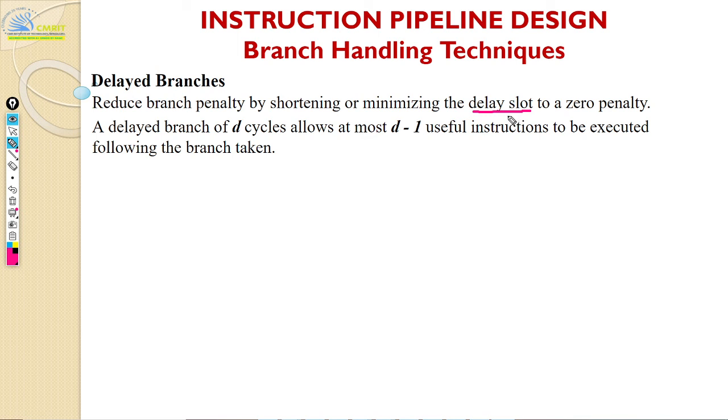Let us say you fill up the pipeline for 3 or 4 slots, and it turns out that you are taking the branch, then all these 4 slots should be flushed, correct? That is your delay slot. Now when you make this delay slot 0, it means you have reduced the branch penalty. You have to flush 0 instructions, which means you're not flushing anything. That's what is important.